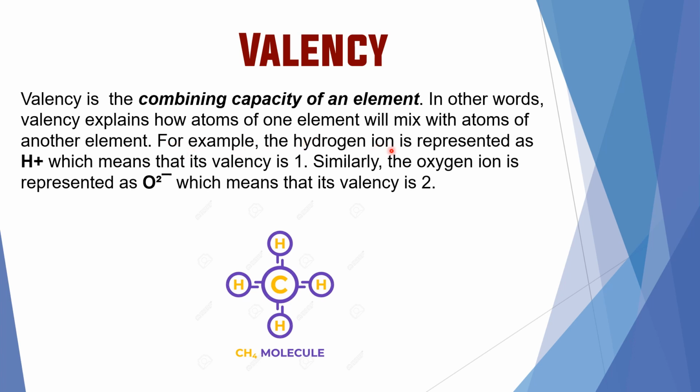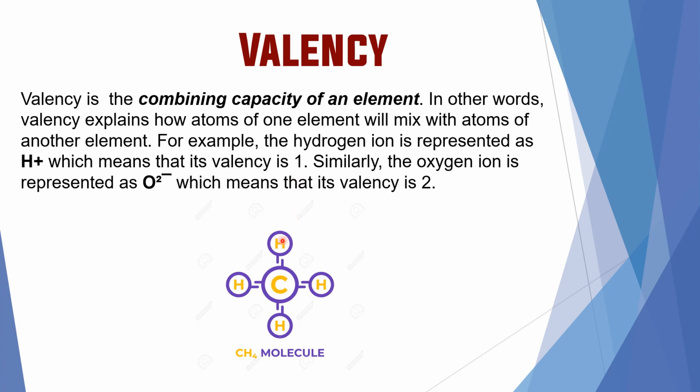And here is one more example, the hydrogen ion. You know that an ion means a charged particle. Hydrogen on its own has no existence, so it has a charge. That is the hydrogen ion. It is represented as H plus. H plus means only 1 plus, so that means its valency is 1.